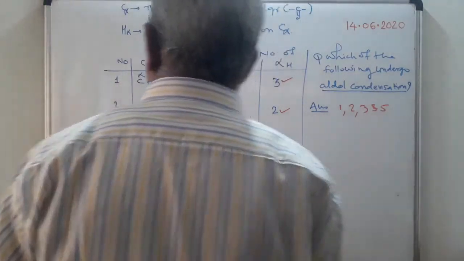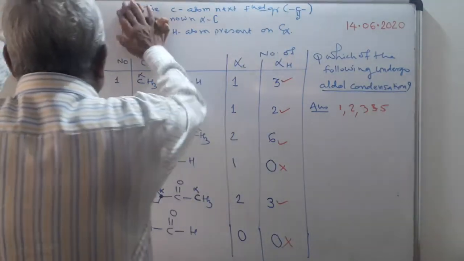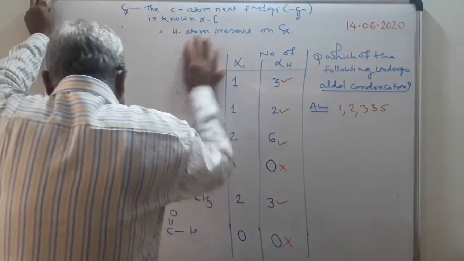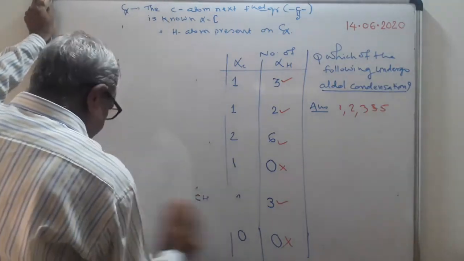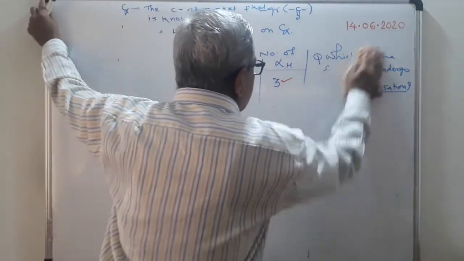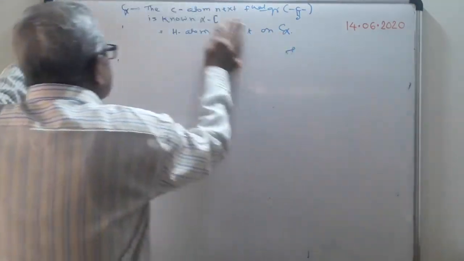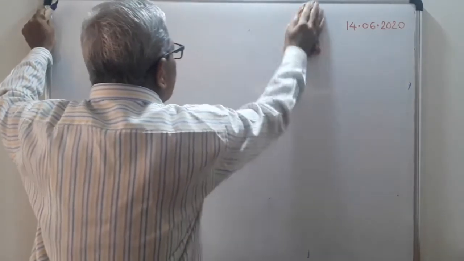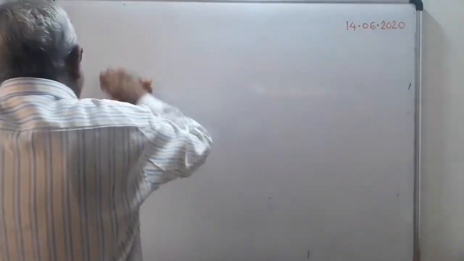So we completed the condition for the alpha hydrogen atom. That is very important, and the objective question will be set like this: which of the following will undergo aldol condensation, or which of the following will not undergo aldol condensation, like this.